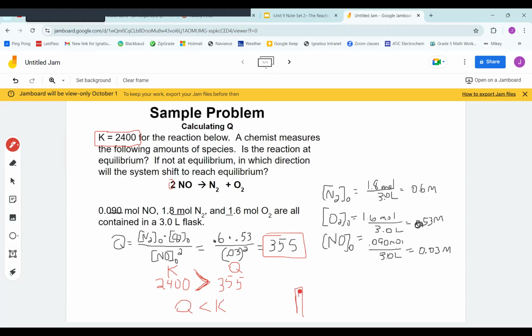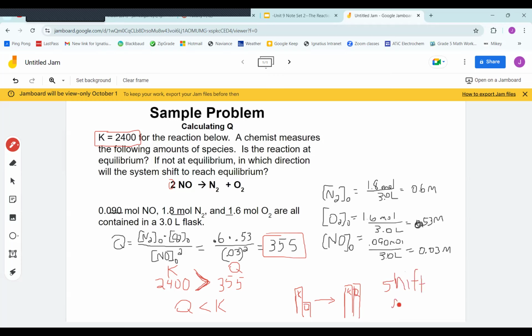This was like the picture on the left side where K was a certain height and Q was less than that. And in order to reach equilibrium, where the two bars are the same height, we've got to shift to the right. That means we need to make more products in order to reach equilibrium.